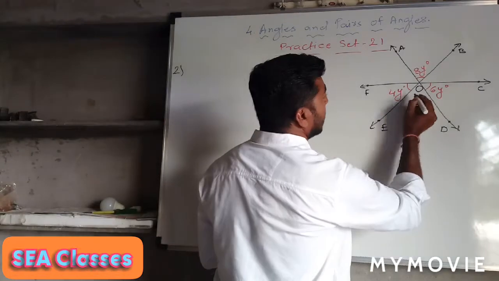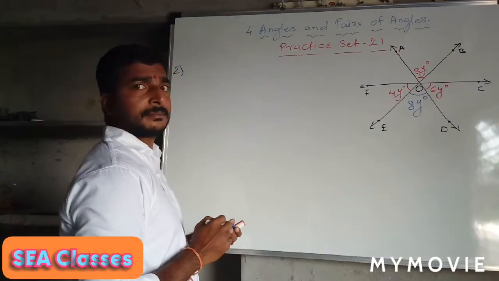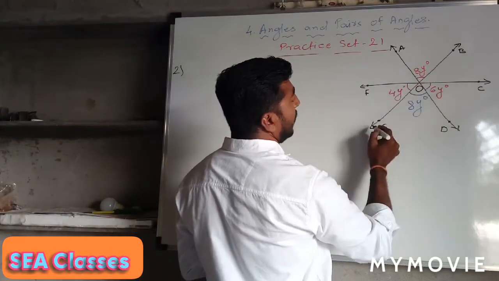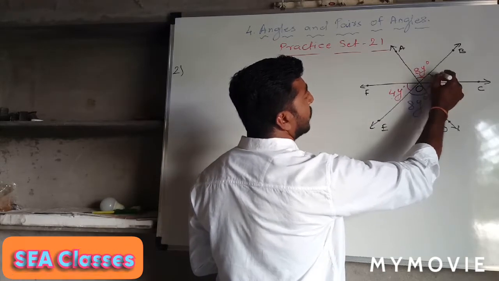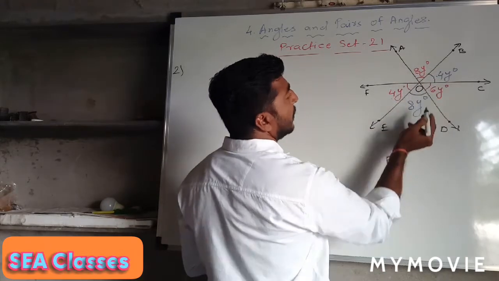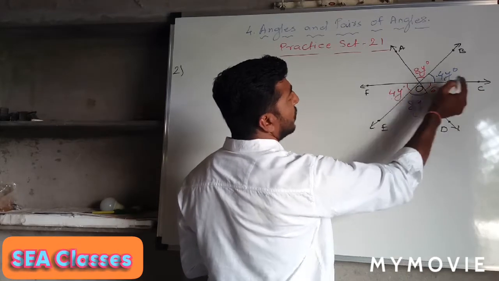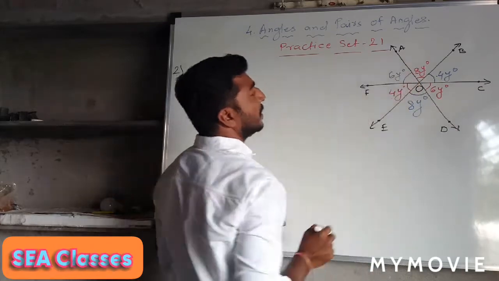So here this angle will be also equal to 8y degree. Now similarly, this angle FOE is 4y. Vertically opposite angle is this one. So it will be also having 4y degree. Similarly, the angle vertically opposite to DOC is this angle, and it is having equal measure as 6y degree.